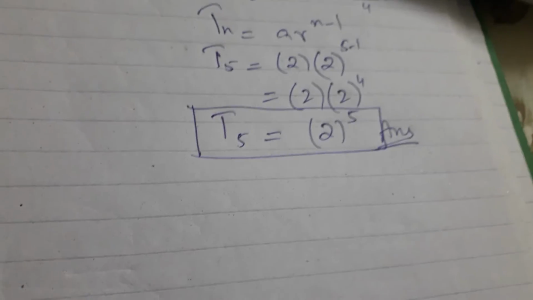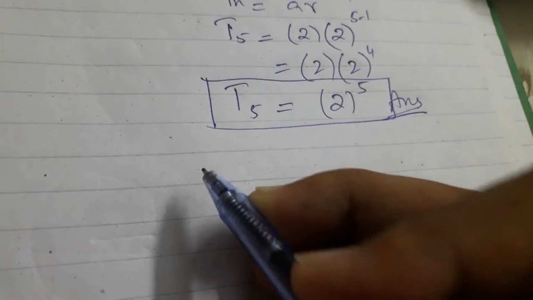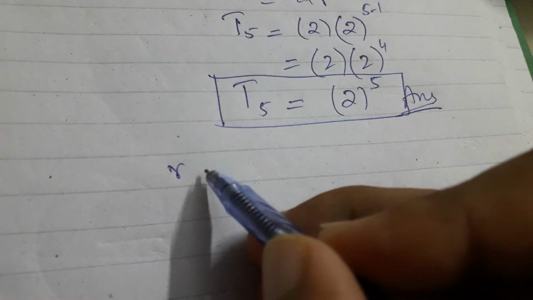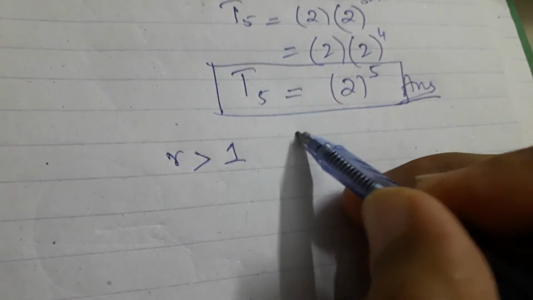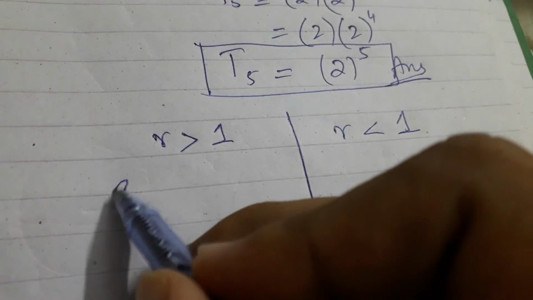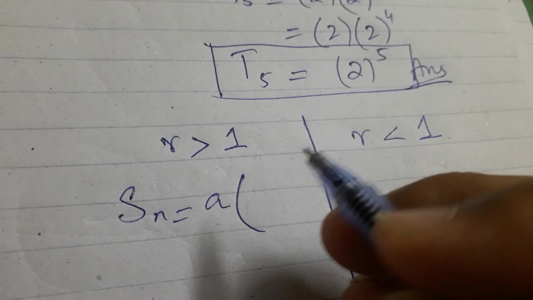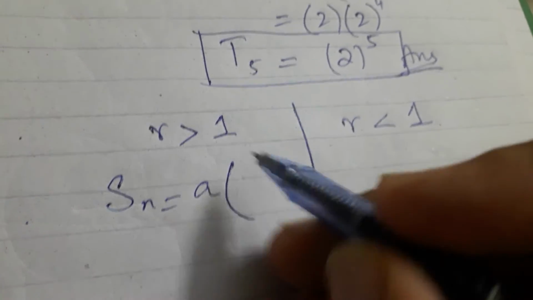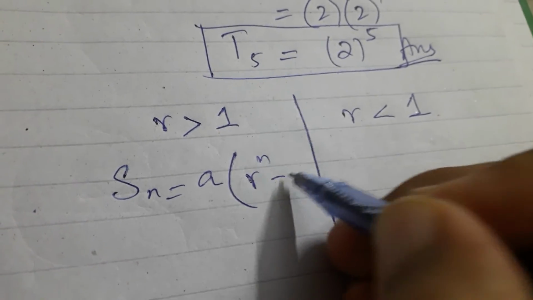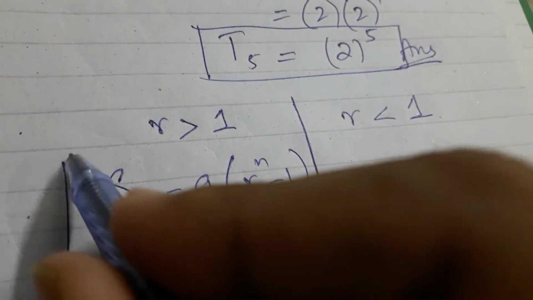Now moving towards the sum formula, we have two sum formulas. If the ratio is greater than 1 and if the ratio is less than 1. If it is greater than 1, then the formula is a times r to the power n minus 1 over r minus 1.